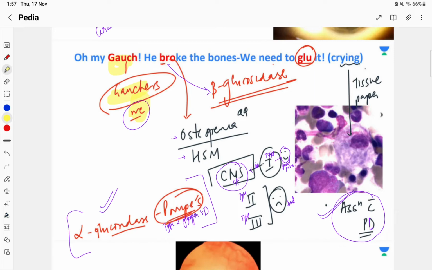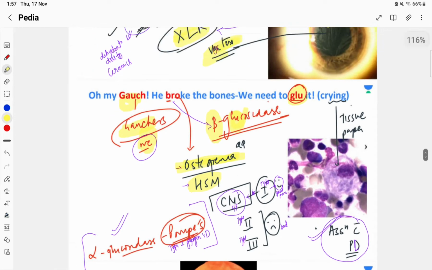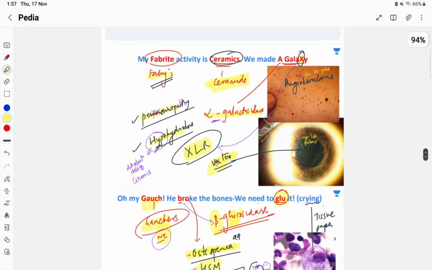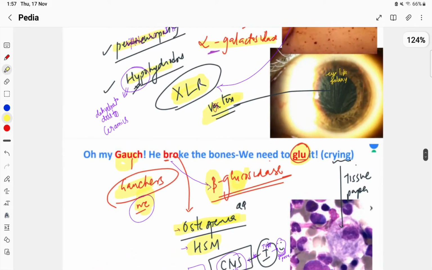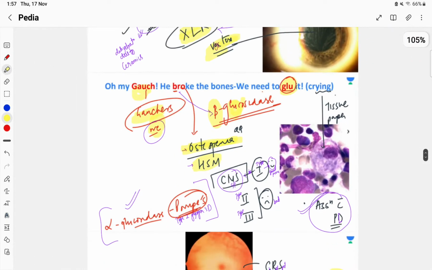The bone breaks when the bone is weak, so there's osteopenia. And there is associated hepatosplenomegaly, which you can remember. The enzyme here is beta glucosidase because we have to glue it, so it's beta glucosidase, not galacto, remember that. Alpha galactosidase is Fabry, beta glucosidase is Gaucher's.